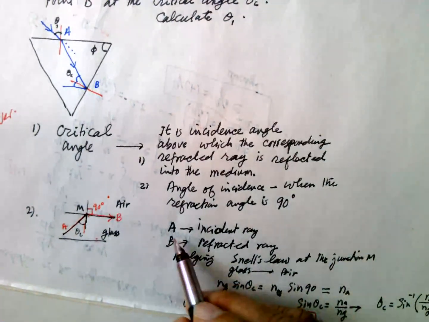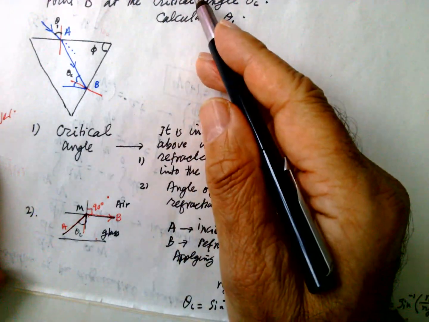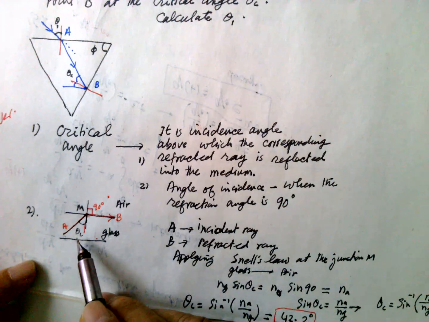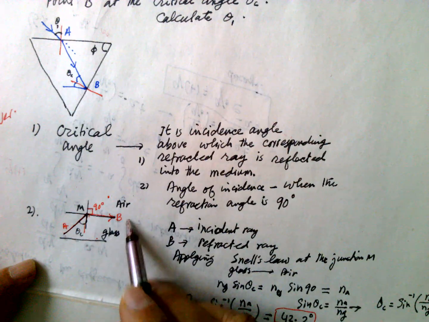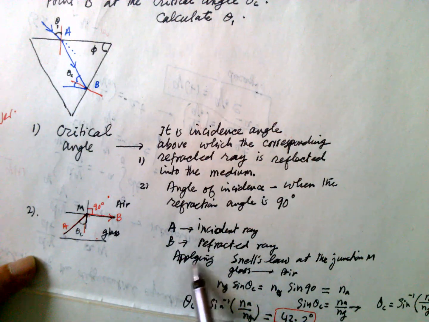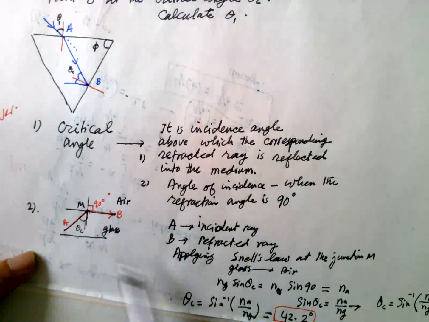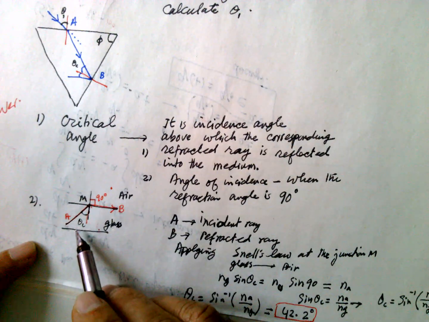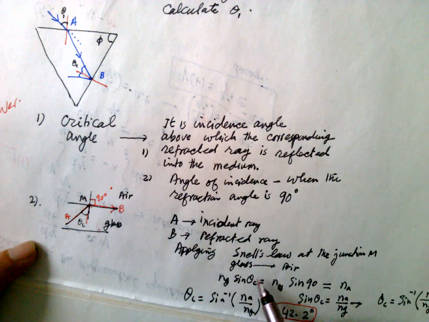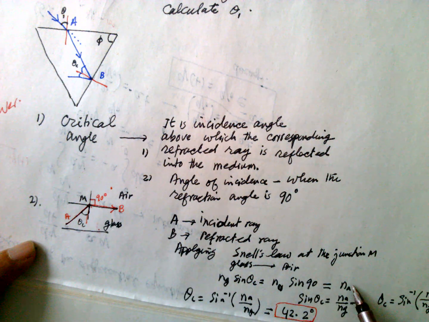So this is question 2, parts A and B. So this is incident and this is refracted. Applying Snell's law at point M: Ng into sine of the entering angle, sine theta C, is equal to N air into sine of the emerging angle, sine 90 degrees, and sine 90 is 1.